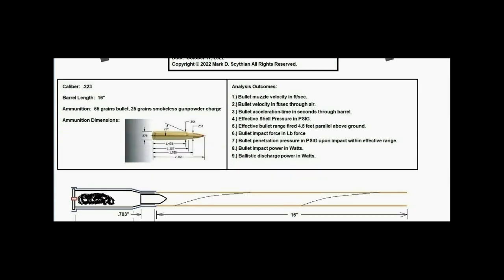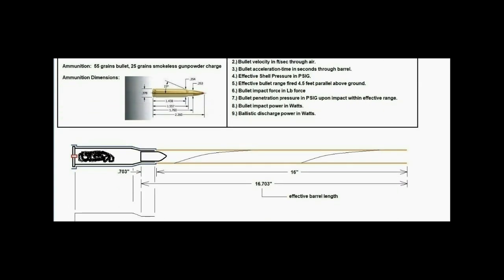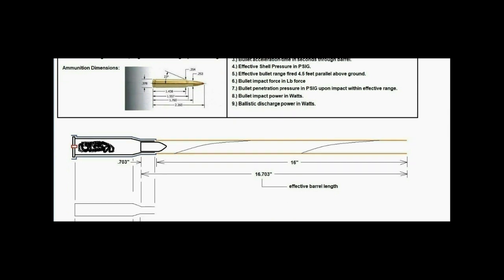So the first step is to compute the effective barrel length, which includes the concealed linear length of the bullet pressed into the shell neck. The sequence of events after the trigger is pulled is that the firing pin strikes the sodium azide primer.